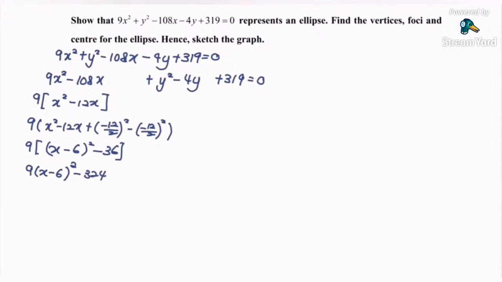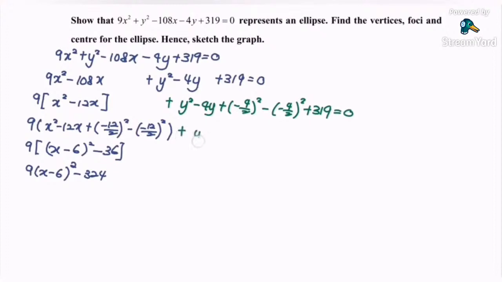Let's move on to the y. Y squared minus 4y plus bracket negative 4 over 2 squared minus negative 4 over 2 squared plus 319 equals to 0. Simplify the situation.